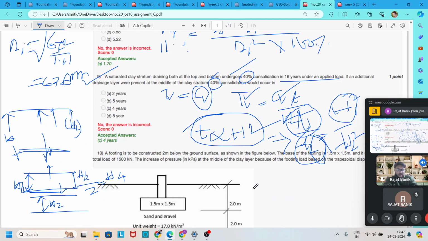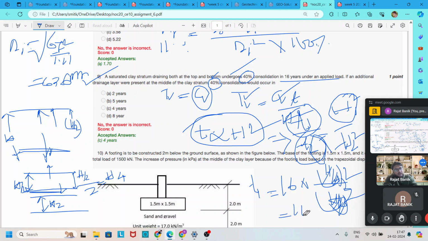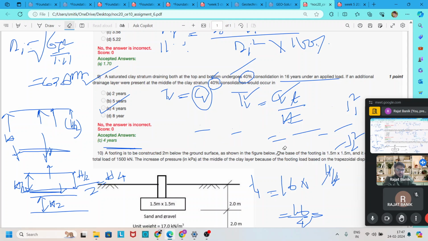If you write it here, t1 is equal to 16 into (H by 4) square divided by (H by 2) square. You cut H, 2 2, then it comes 16 by 4 equal to 4 years. So our correct option is 4 years, option C. I think everyone should understand what I am discussing here.